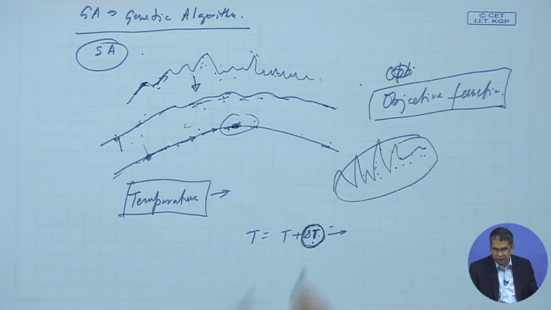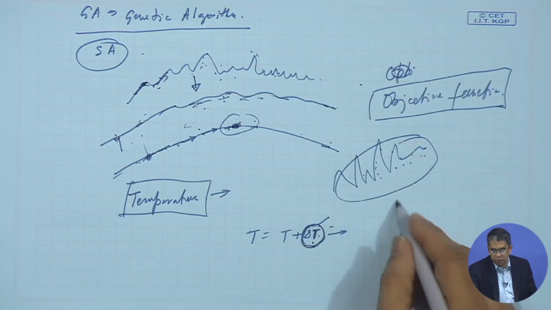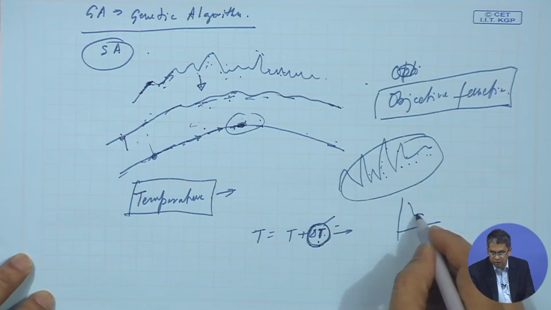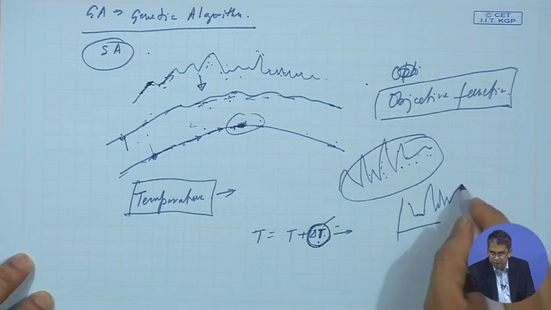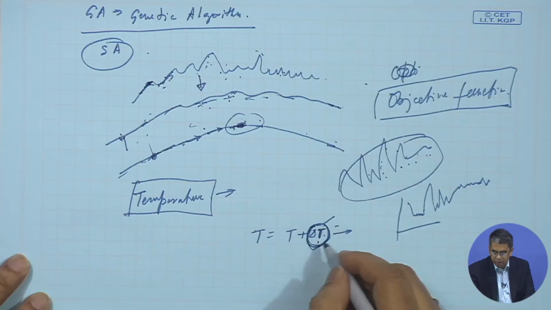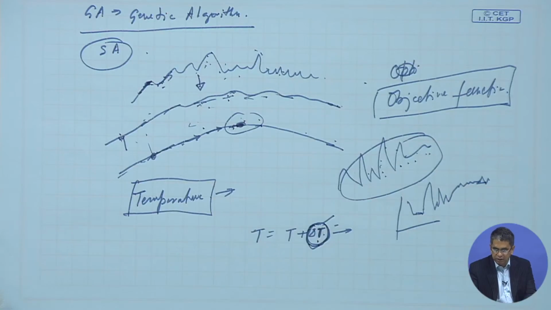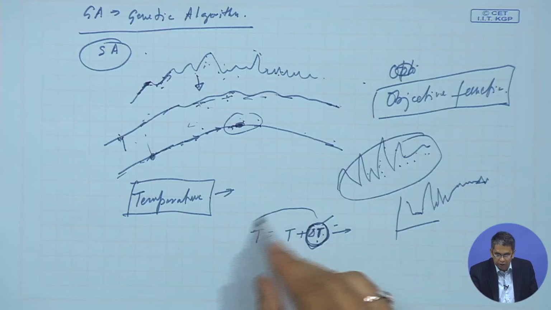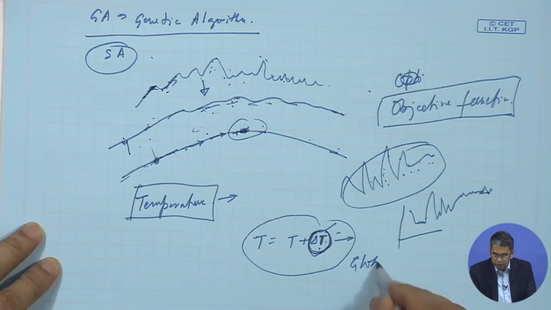Then if you think it is converging, maybe it is here somewhere and coming something like this, you make delta T smaller. Make the increase in temperature smaller and smaller, so it becomes finer. Because you are coming close to the optimal solution, chances are that you will be able to find what you call the global optimal solution.